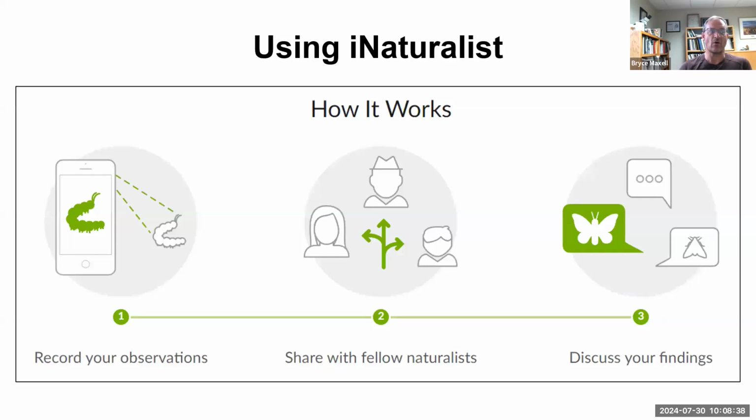Essentially, the summary of how it works is people walking around with their phones, seeing something cool that they either know or don't know what it is, take a photo of it, submit that, and share that with hundreds of thousands of people around the world that are using this application.